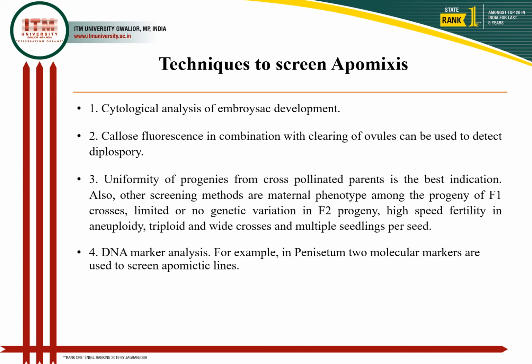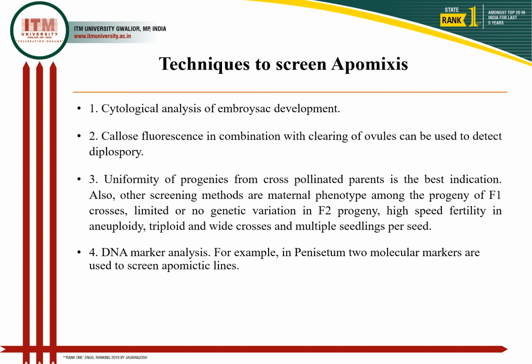Another method is Callow's fluorescence technique in combination with the clearing of ovules. It can be used to identify the diplospory situations, as well as the uniformity of the progeny from the cross-pollinated parents is the best indicator that can be used. The other method is maternal phenotypes among the progeny of F1 crosses.